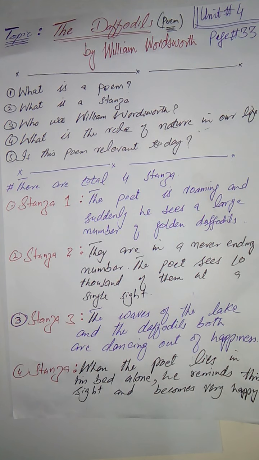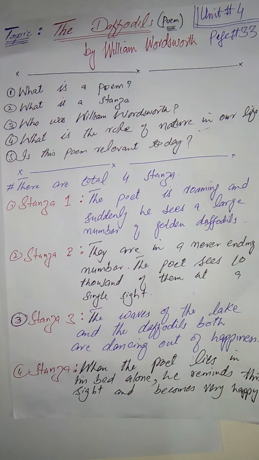Now, who was William Wordsworth? William Wordsworth was a British poet, and he is known as the poet of nature. He was born in 1770, and he belongs to the Romantic age. He has written many poems. The Prelude is one of his famous poems.